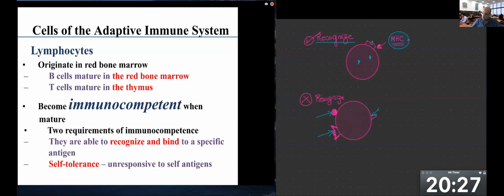If you pass this class, you're going to pass through another selection process to test your ability to not recognize any other self antigen. So again, I have two selection processes that I need to pass through as a B or T lymphocyte in school. I didn't graduate yet. I'm still learning how I will be recognizing the antigen.